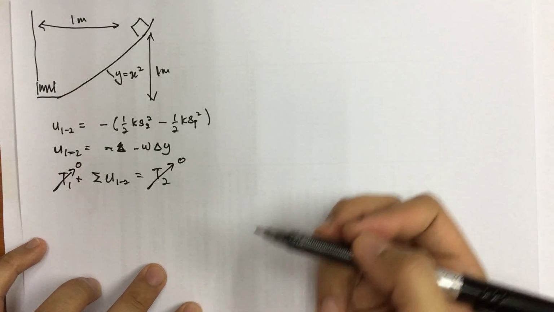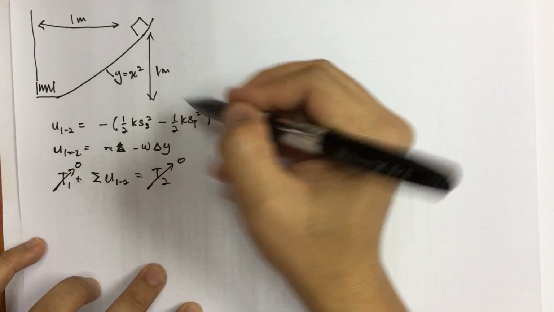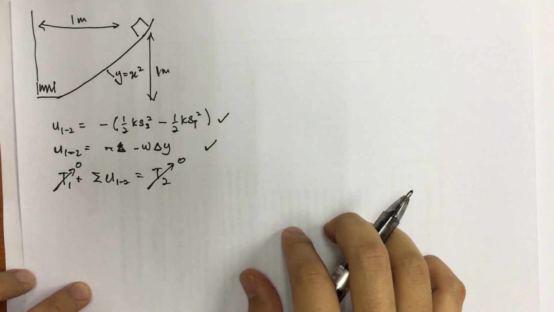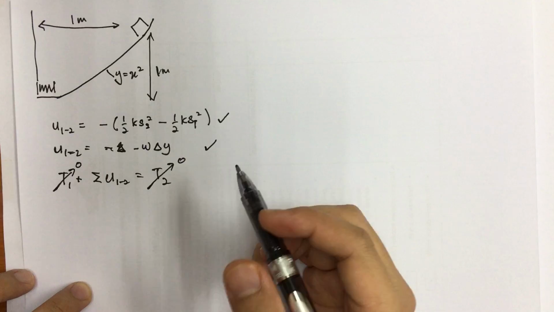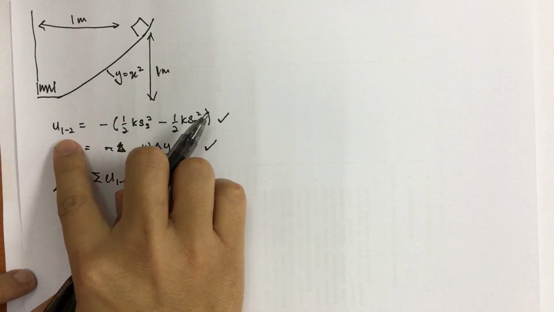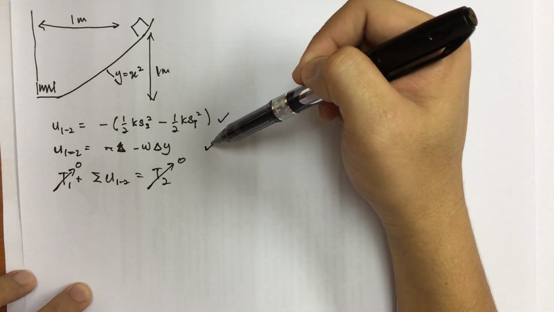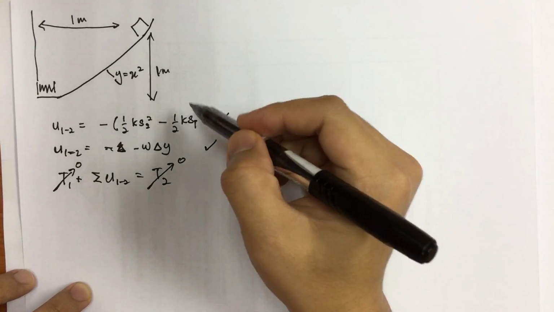So we are left with potential energy and spring energy. Now let's see what we can do here. The sum of U is the summation of spring energy and potential energy.